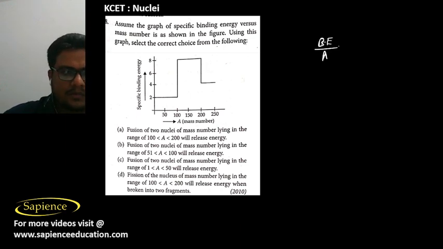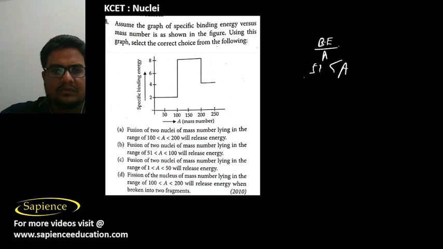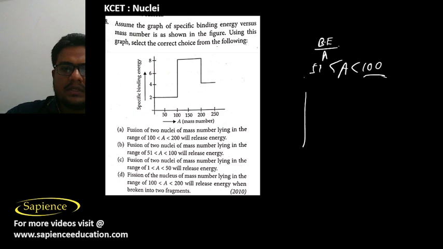Fusion of nuclei of mass number lying in the range 51 to 100 will release energy. Here the binding energy per unit nucleon is less, which means it is less stable, but these nuclei from mass number 100 to 200 are more stable.